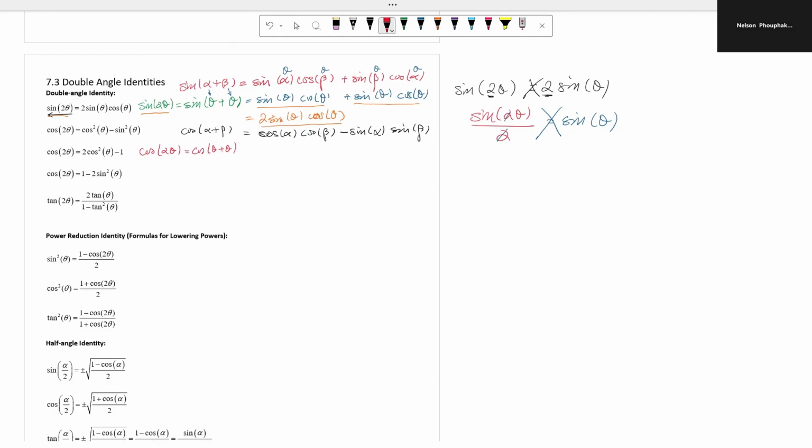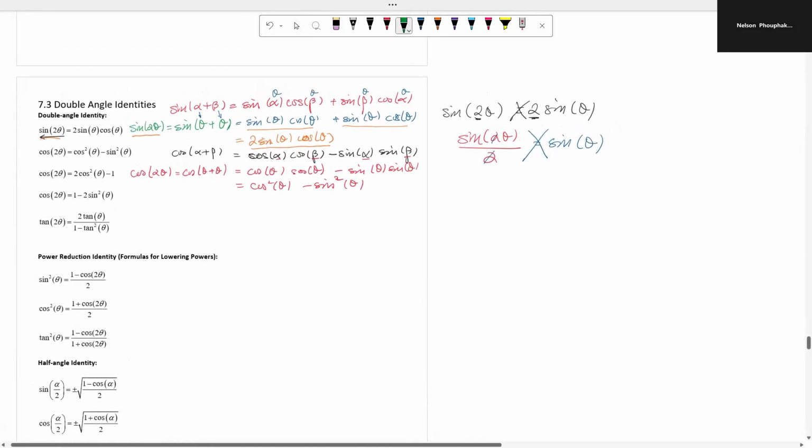Again, we replace alpha and beta with theta. Then we have cosine of theta cosine of theta minus sine of theta sine of theta. So of course, we have cosine square theta minus sine square theta.